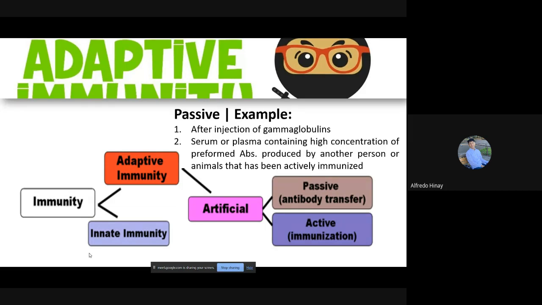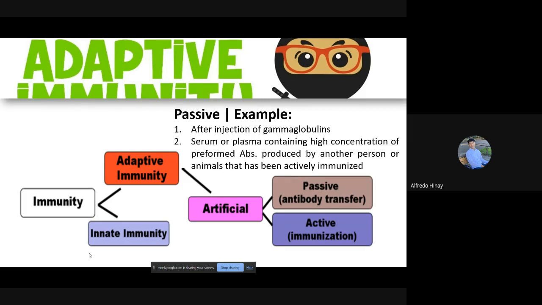Okay, next you have your serum or plasma containing high concentration of preformed antibodies produced by another person or animal that has been actively immunized. Yeah. I don't know if you're paying attention maybe a year ago, 2 years ago, when COVID-19 started class, one of the best therapies recommended before in the hospitals was introducing the immunoglobulin of the patient who was infected already.